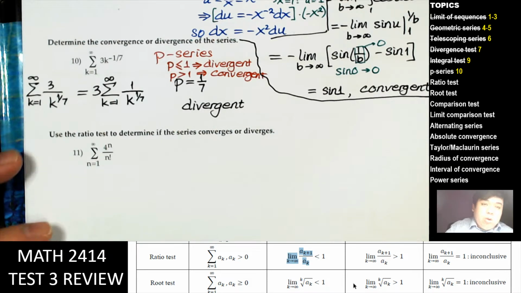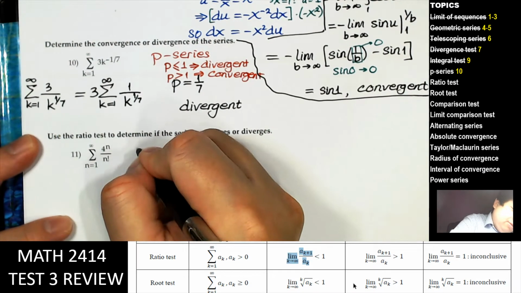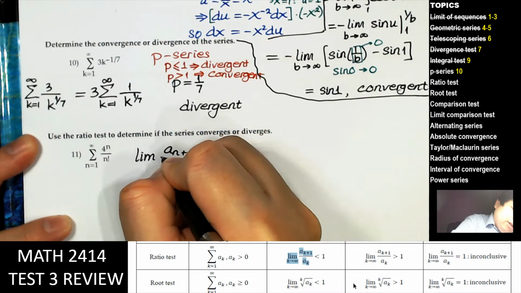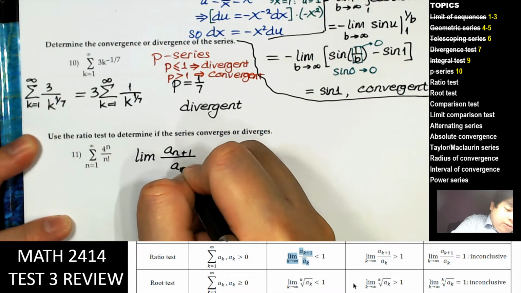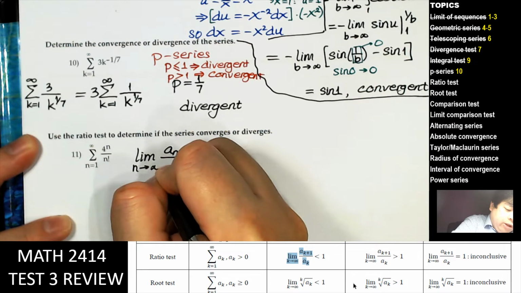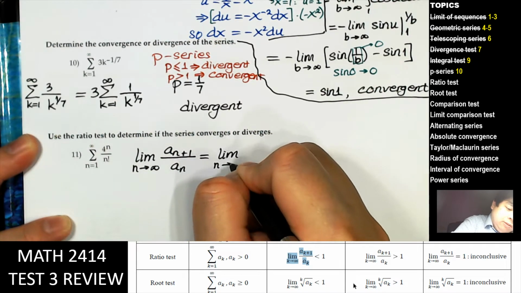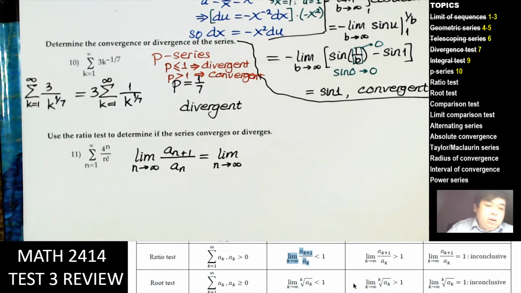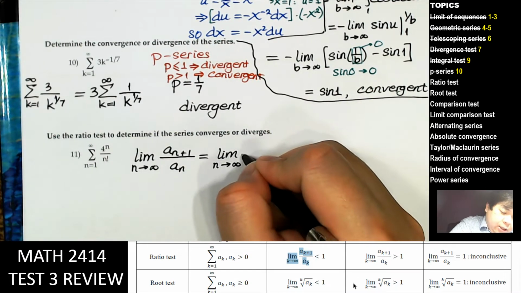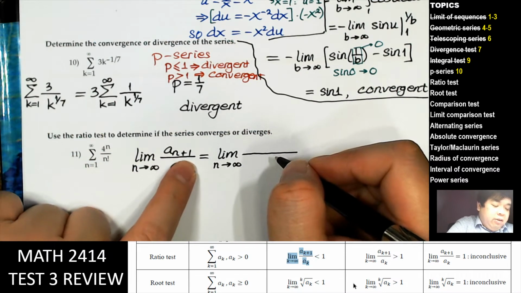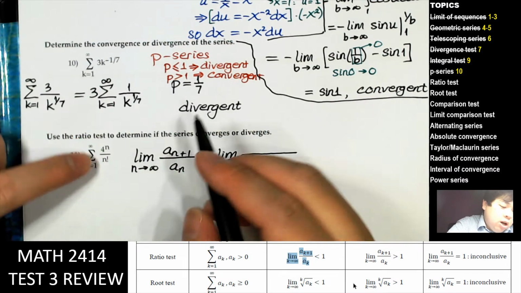So first we'll take the ratio of the next term over this term as n goes to infinity. For a sub n plus 1, we're going to put n plus 1 in the top and bottom here.